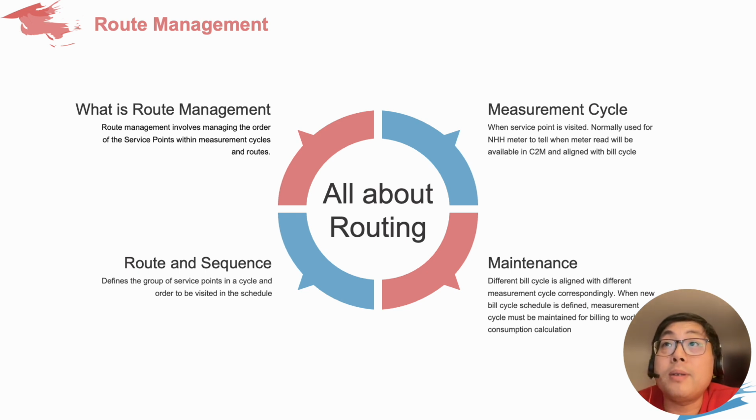The system is not able to decide where the measurement cycle is starting, so it can't be billed. So we need to take care of this as a kind of BAU activity, but that also tells the very close relationship for the non-half-hourly meters, especially the monthly billed or quarterly billed meters in the system, and how they are linked to the bill cycle.